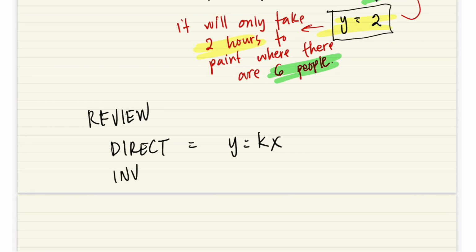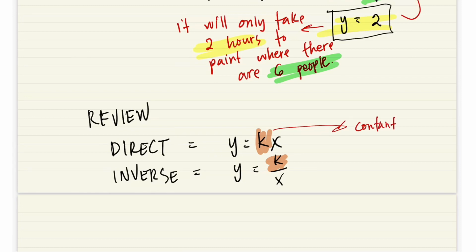For inverse, the formula is y is equals to k over x, where k is called the constant of proportionality. That's the formula of the two.